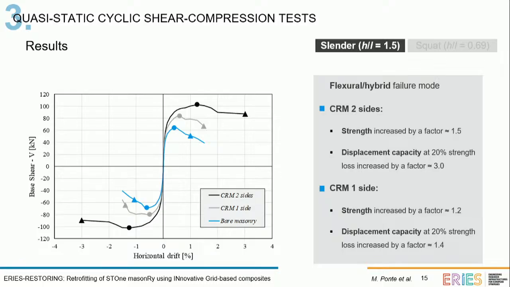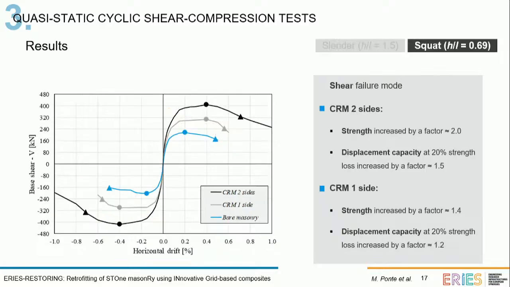Comparing the CRM on 2 sides with the FRM on 2 sides, we can see that the increase factors in strength and deformation capacity are very similar, almost the same, but we can see that FRM leads to a stiffer behavior and also a different behavior post-peak due to the faster propagation of the cracking, since there is no mesh in this retrofit.